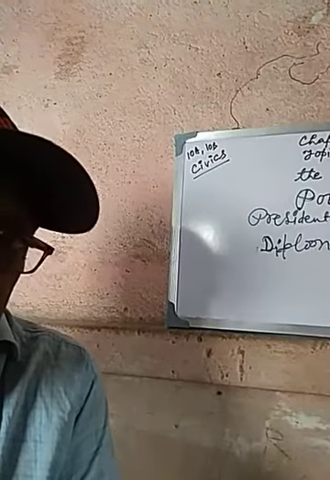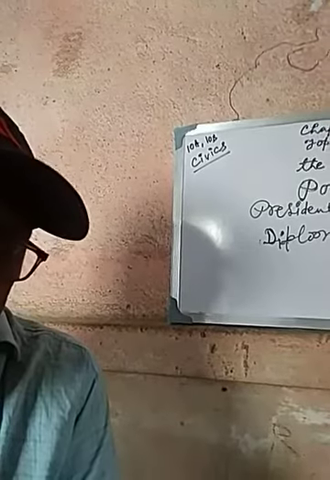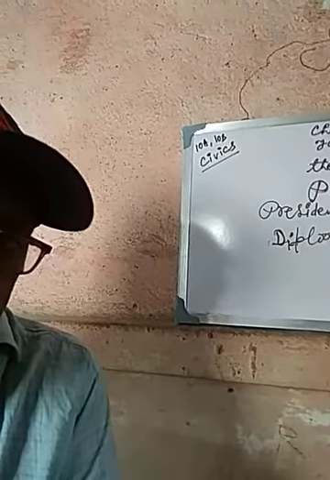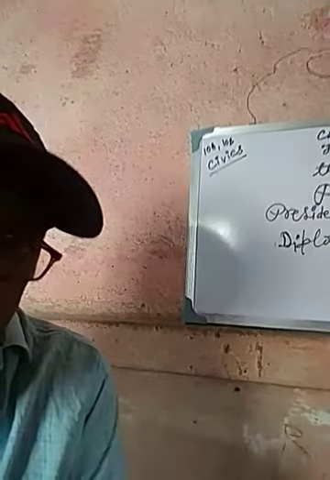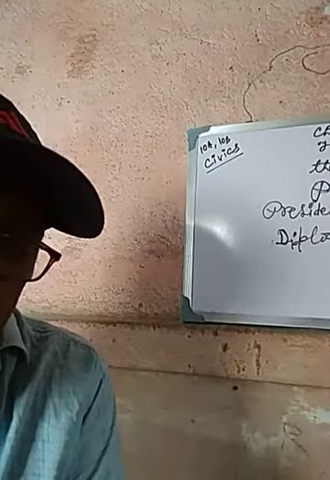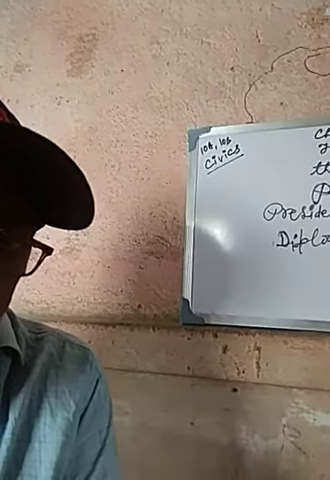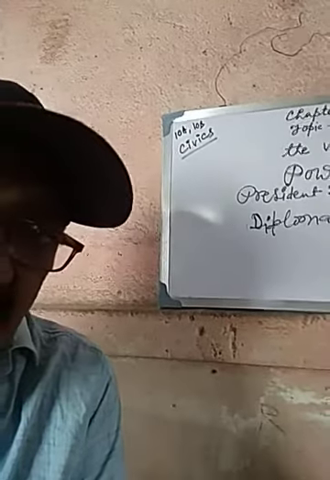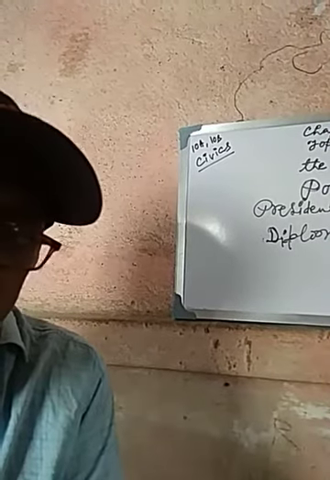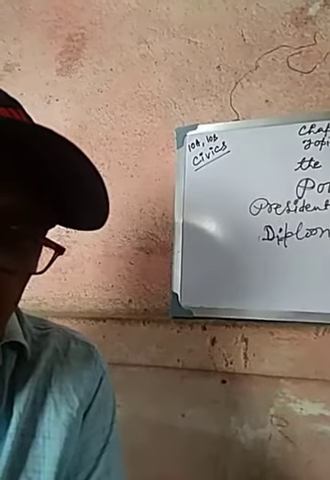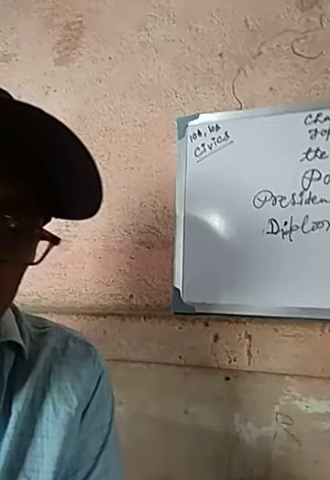The president summons the leader of the majority party and asks him to form the government, according to which the leader of a majority party forms his government, and a union government is formed in the center and rules for 5 years. But before the completion of 5 years, their rule can be ended.